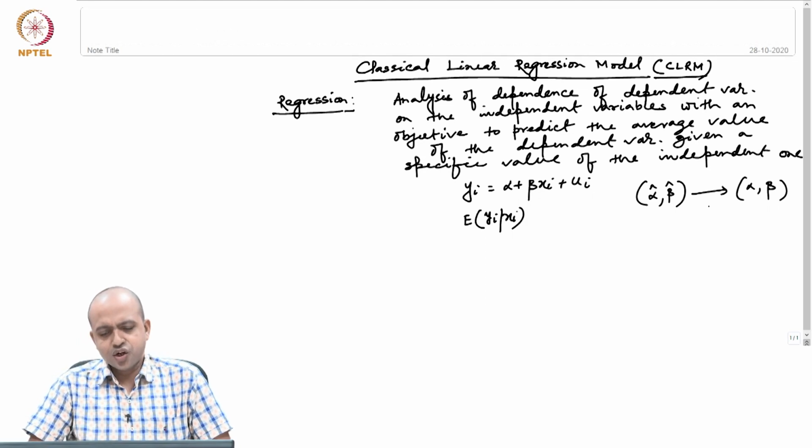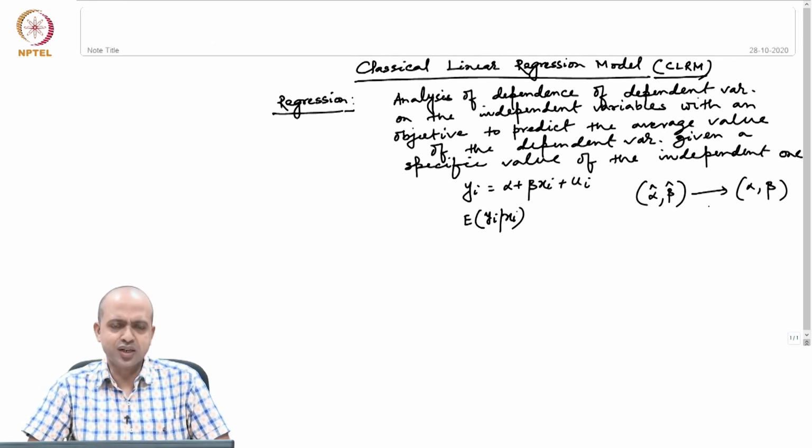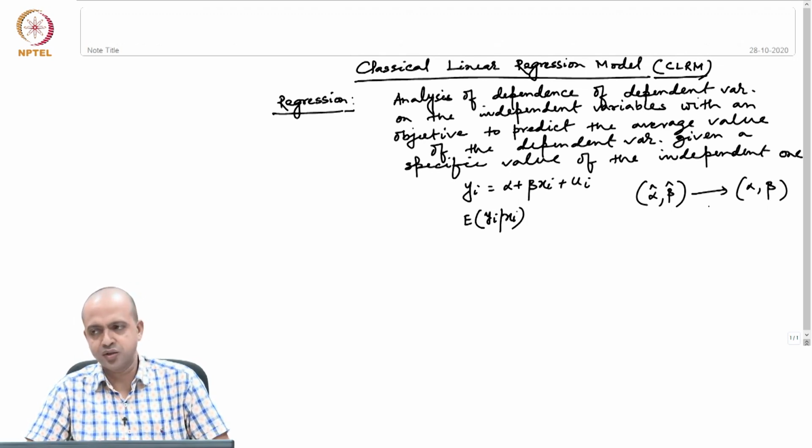Now, the question is, okay, this is the regression analysis, but what exactly is the meaning of regression? We need to understand that, because estimating a model using regression analysis is very simple in today's world with the advent of software.